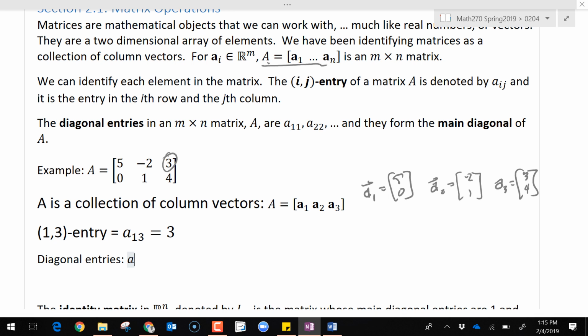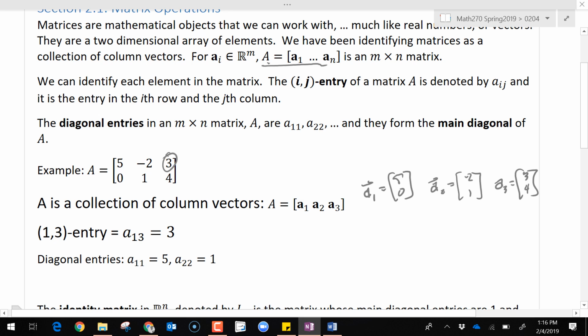Looking at the diagonal entries, we're looking at the 1, 1 position. What's in the 1, 1 position? 5. And then we're also going to be looking at the 2, 2 position. 1. And I think that's all we have.